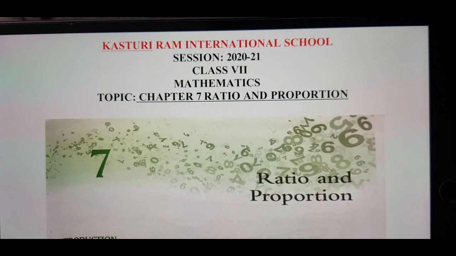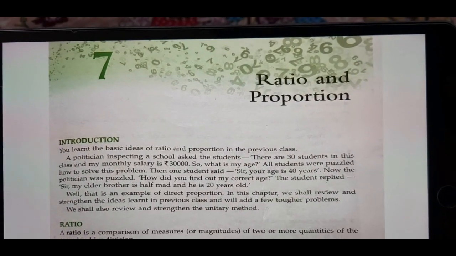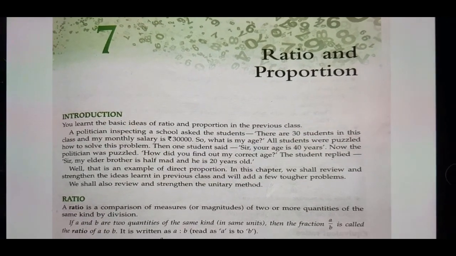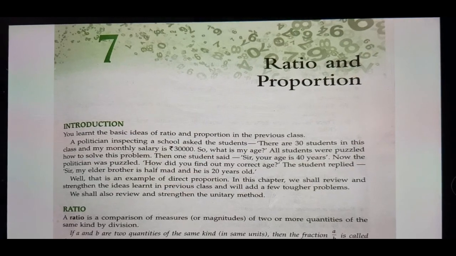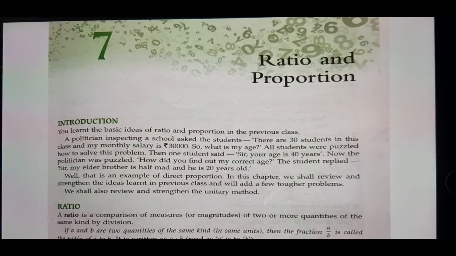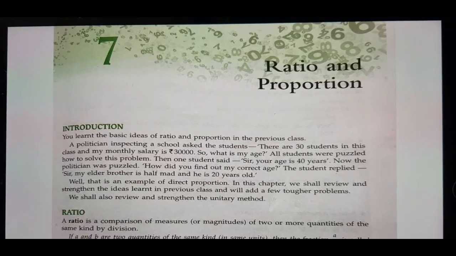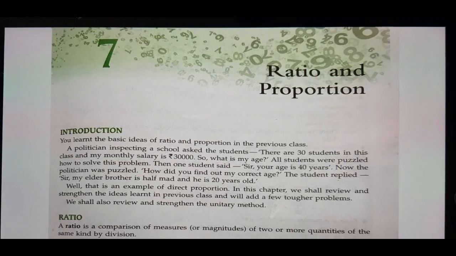Today we're going to start with ratio. So, what is ratio? We have already discussed it in the previous class, so let's understand with an example. Suppose there are 30 students in a class and the monthly salary of a person is 30,000. That person asked, what will be my age? One of the students said, sir, your age will be 40.